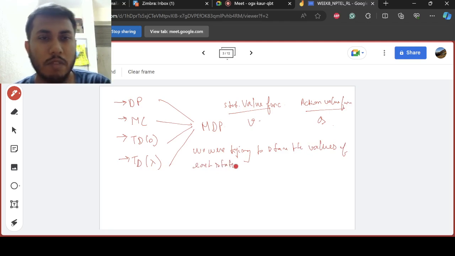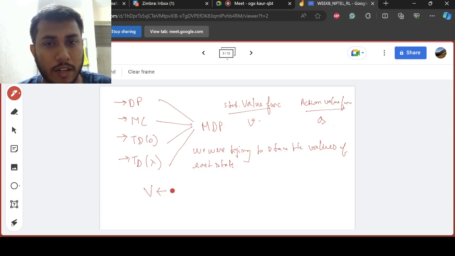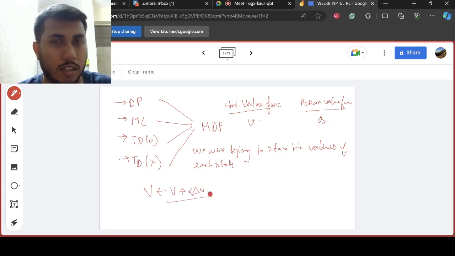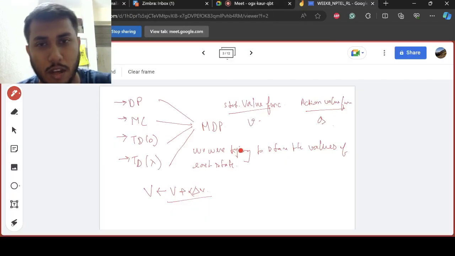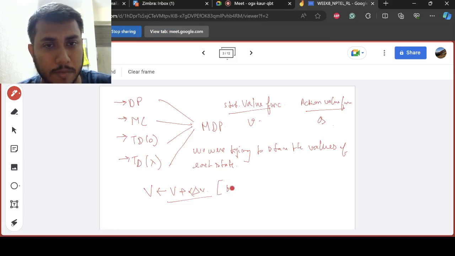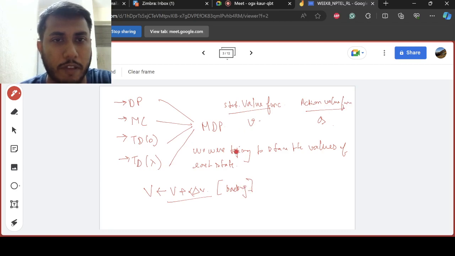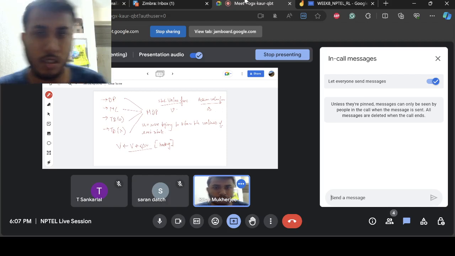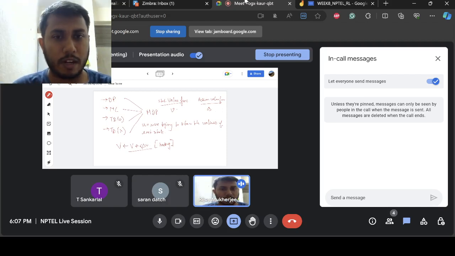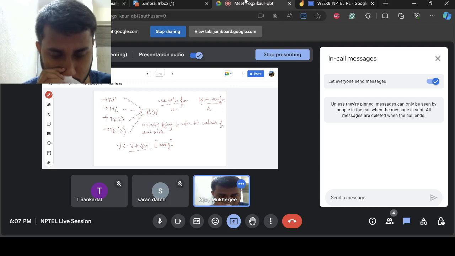We are just doing this kind of update, V equals V plus alpha delta V, as error propagation or adding the backups. In all of them, for each state, we are trying to store the V, right?